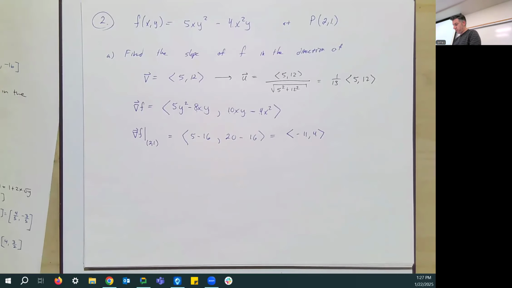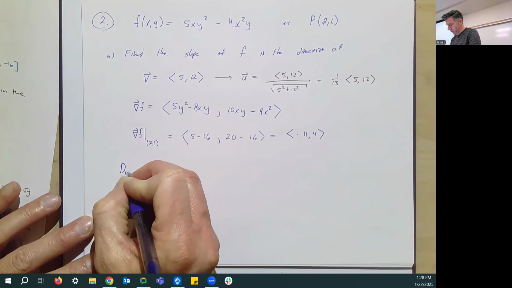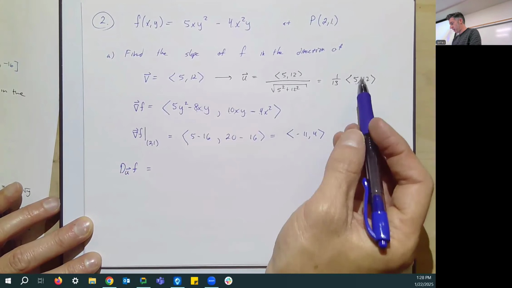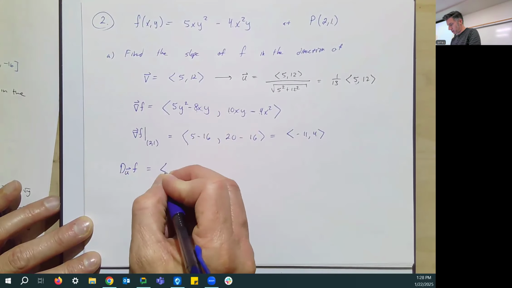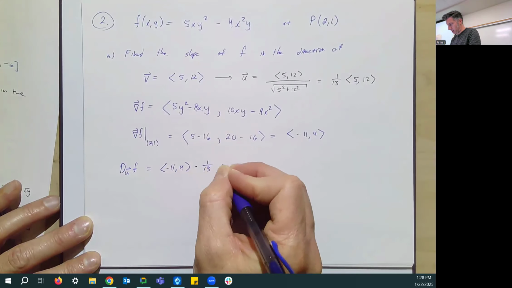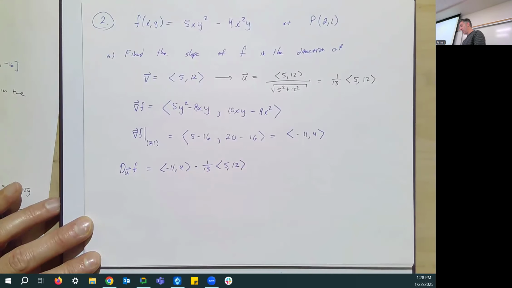So finding the directional derivative, we're going to get the directional derivative of f in the direction of u is these two vectors dotted together. So it's going to be -11 comma 4 dotted with 1/13 times 5 comma 12. And I've said this a couple times, I'm going to say it again.